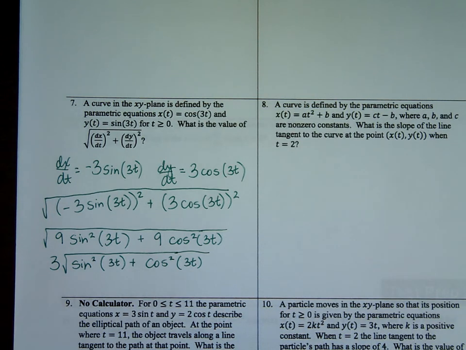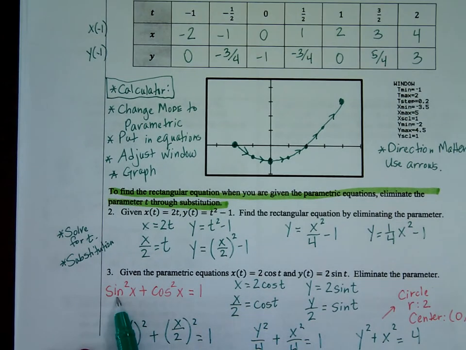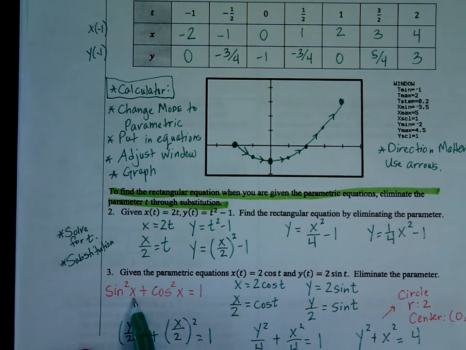That fits an identity again. If I look at sine squared of 3t plus cosine squared of 3t, guess what it's equivalent to? Remember this from our first page? If you have a sine squared of an angle, doesn't matter that the angle's 3t, it's just an angle, plus cosine squared of that same angle, then that whole thing equals 1.